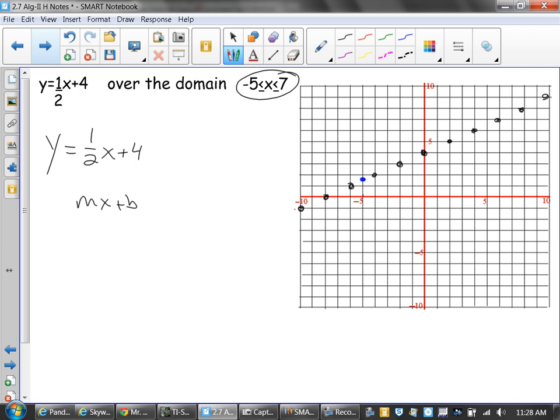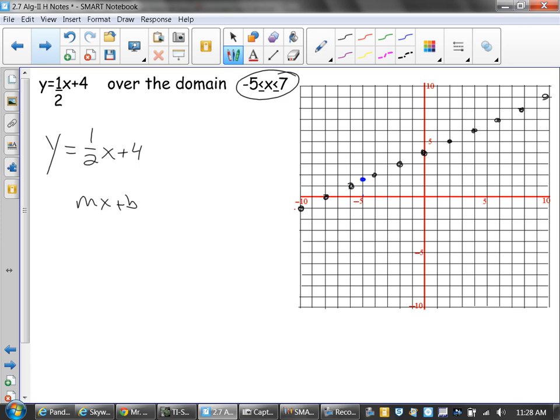Now, when you guys drew inequalities and segments before, do you remember the difference between open and closed dots? Is this going to be an open or closed dot there? Closed. Why? Because it's equal to. Yeah, exactly. Remember, anytime you have less than or equal to or greater than or equal to, it's a closed dot. If it's just plain old boring less than or plain old boring greater than, it's an open dot.